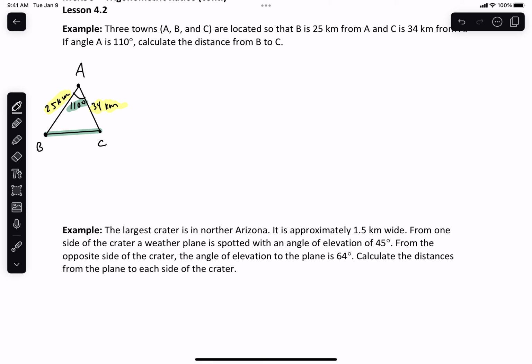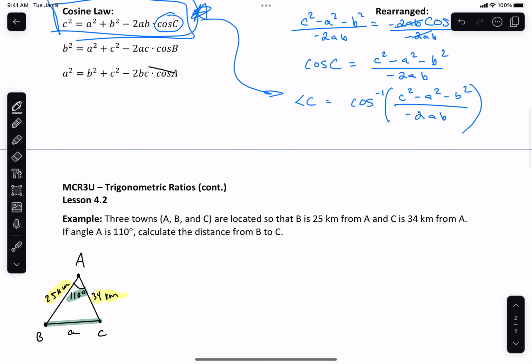Okay, so we need to figure out if this is what I'm looking for. You could go back to the top side of the page or flip it back over.